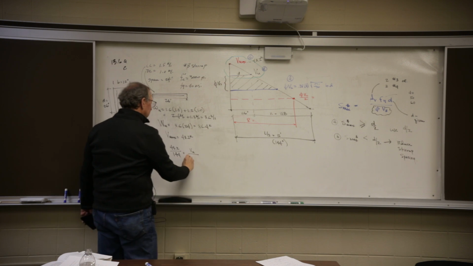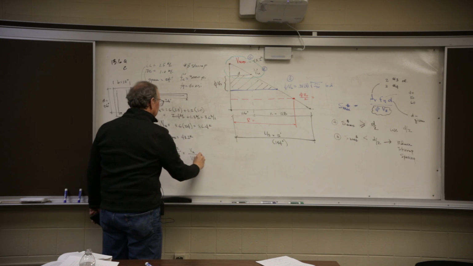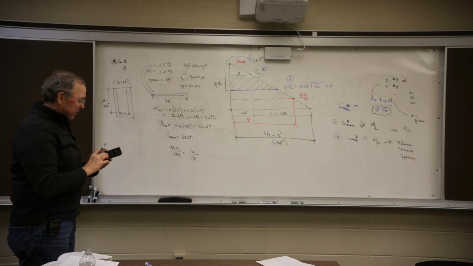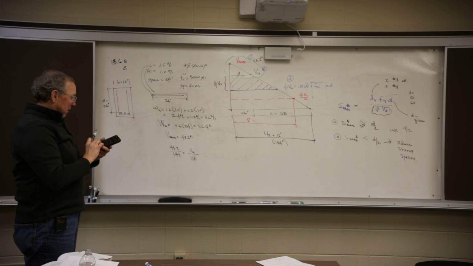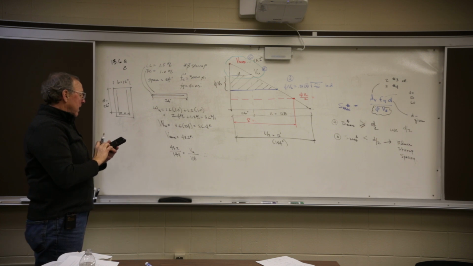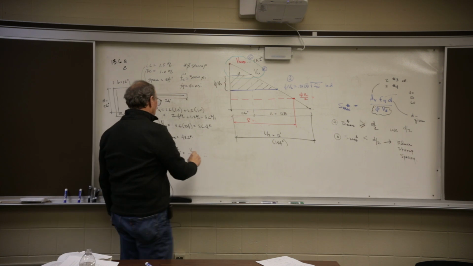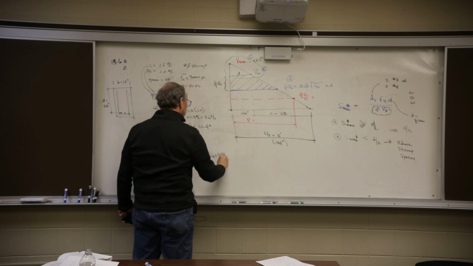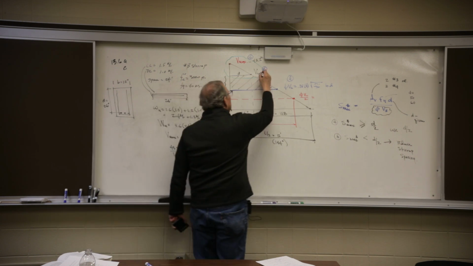So I'll put 118 here. That gives me VU. So if I take 43.2 times 118 divided by 144, I get 35.4. There's my second number.